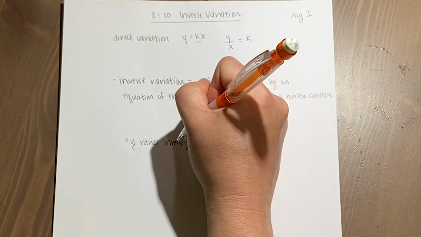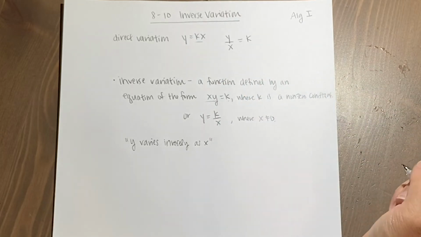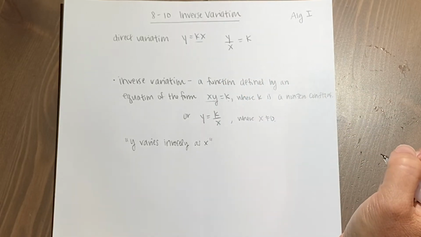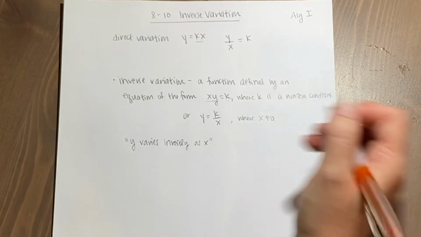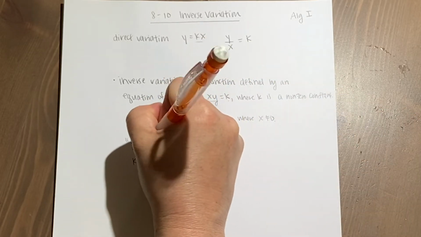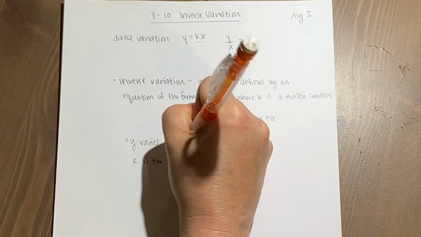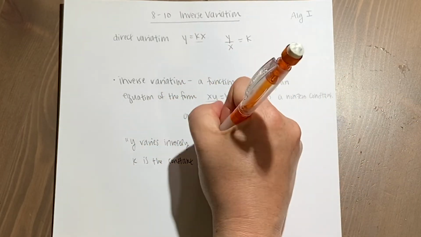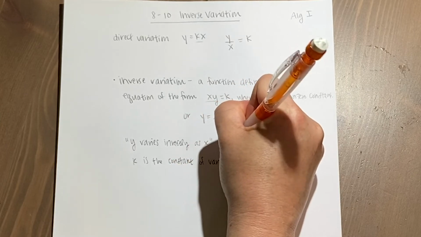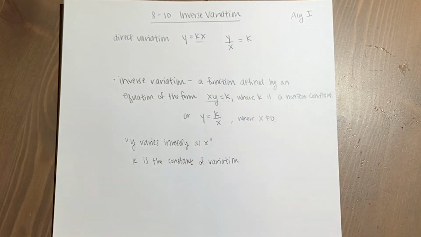You could say that y is inversely proportional to x. The constant k is still called the constant of variation. That's not changed. The constant stayed constant. So k is the constant of variation. Just like in direct. Same thing in inverse.